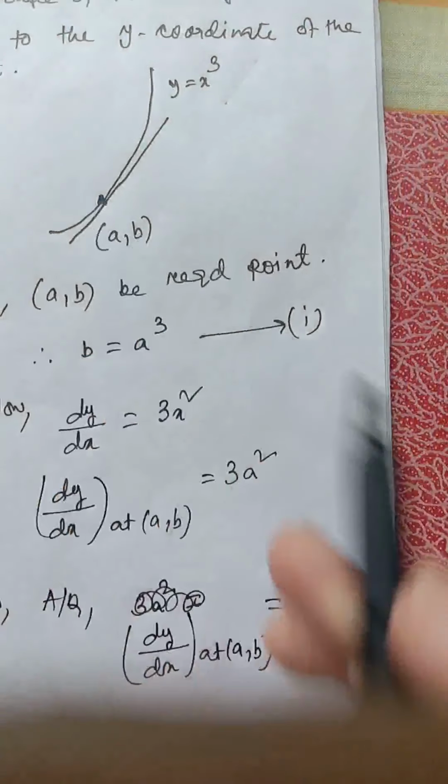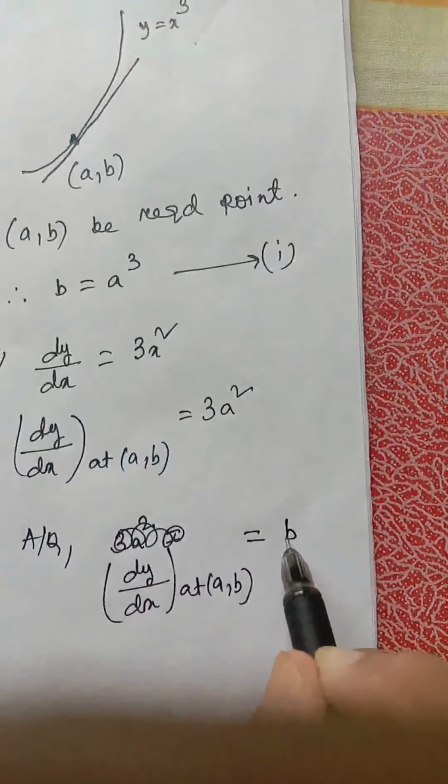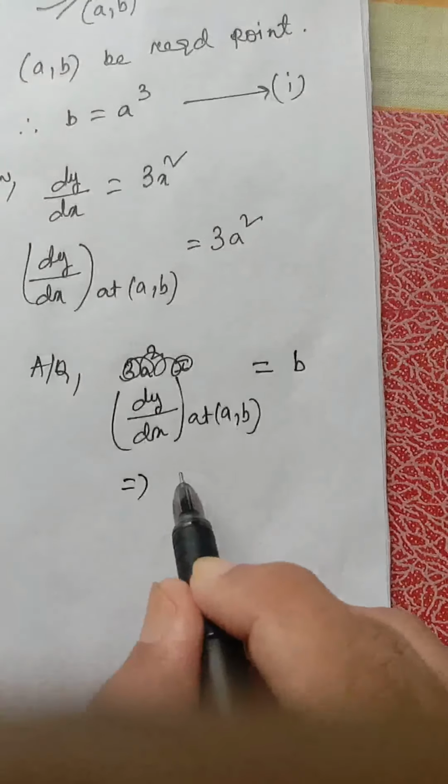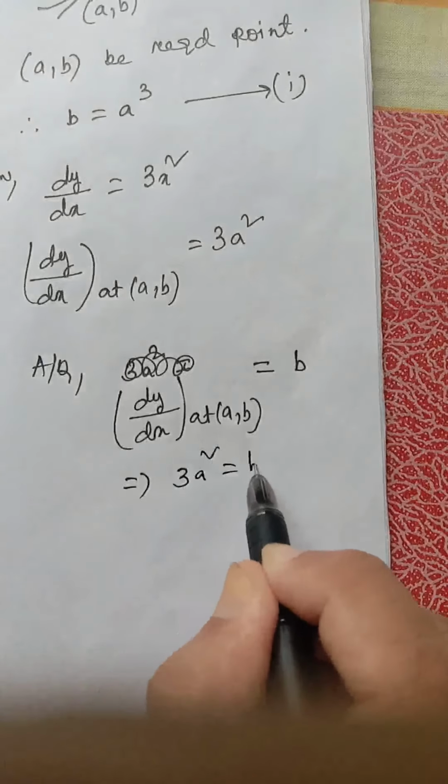The y coordinate of the point is b. Since dy by dx at (a, b) is 3a square, 3a square is equal to b. This is our equation number 2.